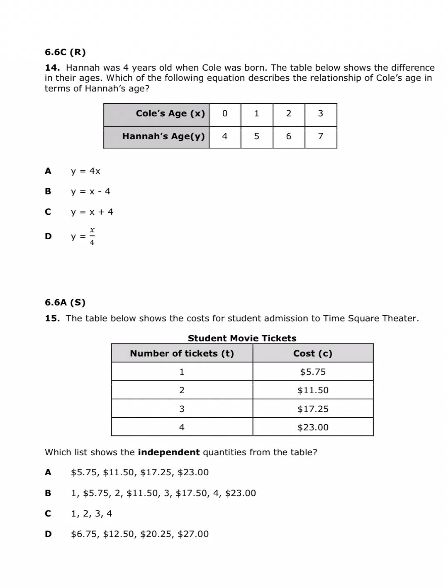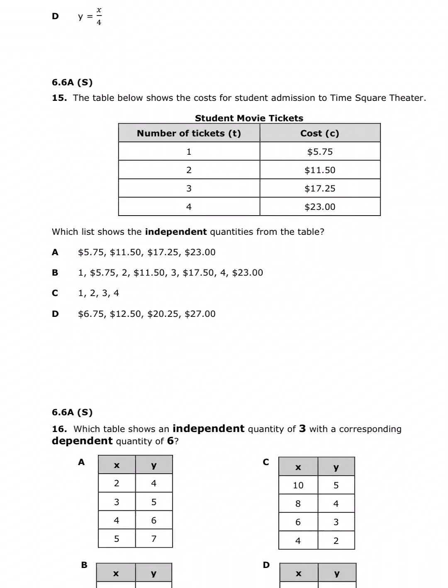B. 1. $5.75, 2. $11.50, 3. $17.50, 4. $23. C. 1, 2, 3, 4. D. $6.75, $12.50, $20.25, $27.